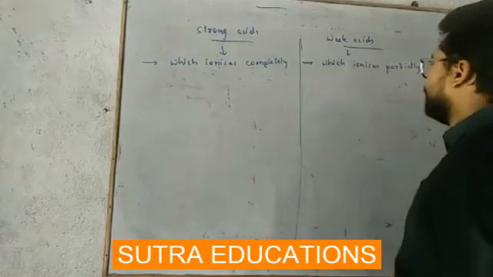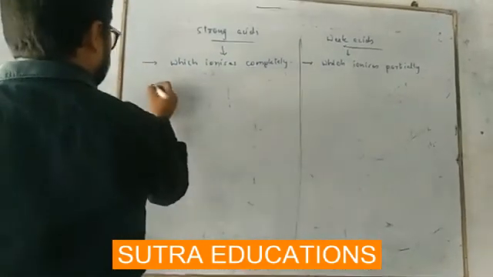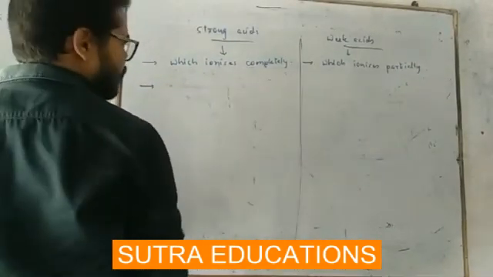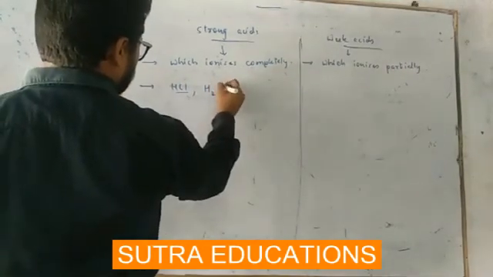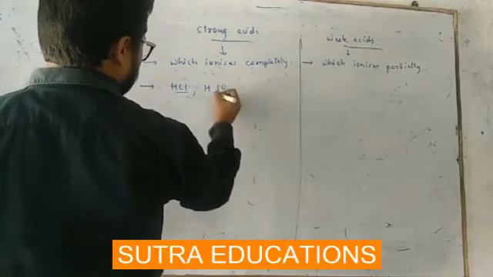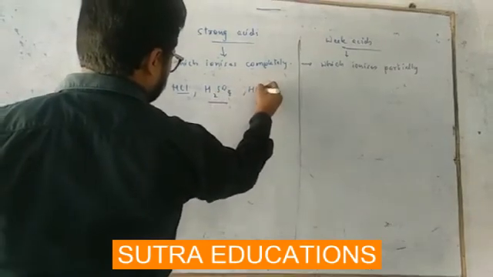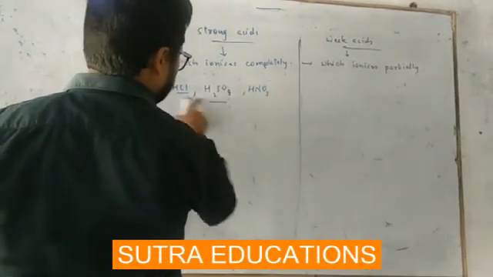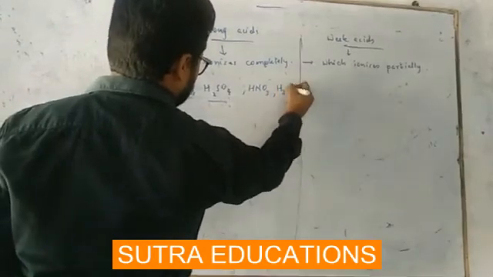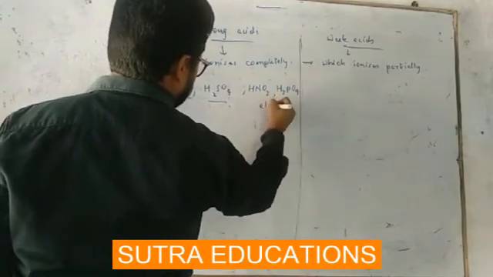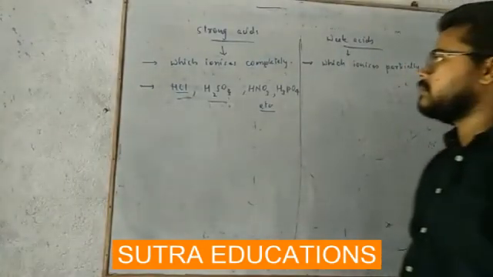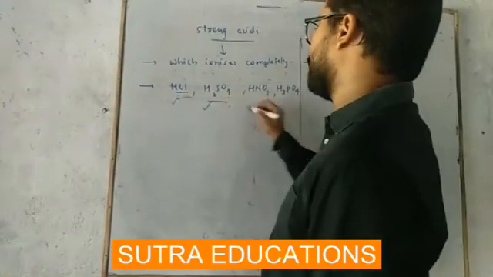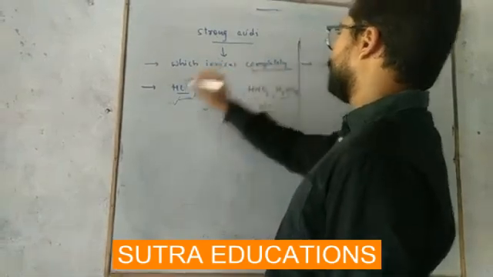Second point, strong acids are HCl, H2SO4, HNO3, H3PO4, etc. All these are strong acids. Why strong acids? Because all these ionize completely, almost completely.